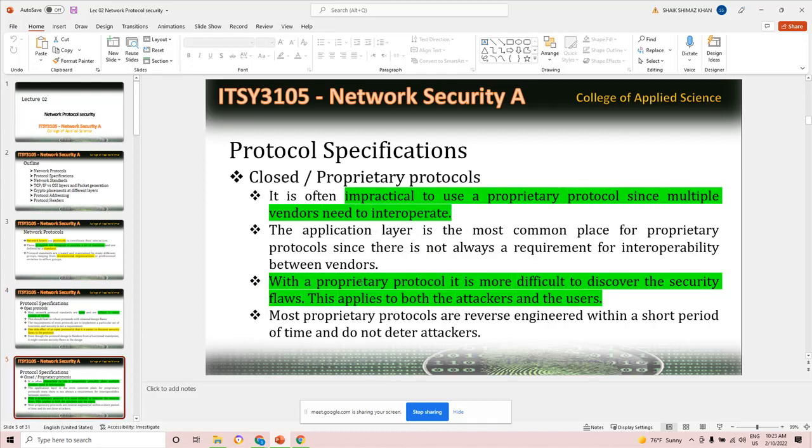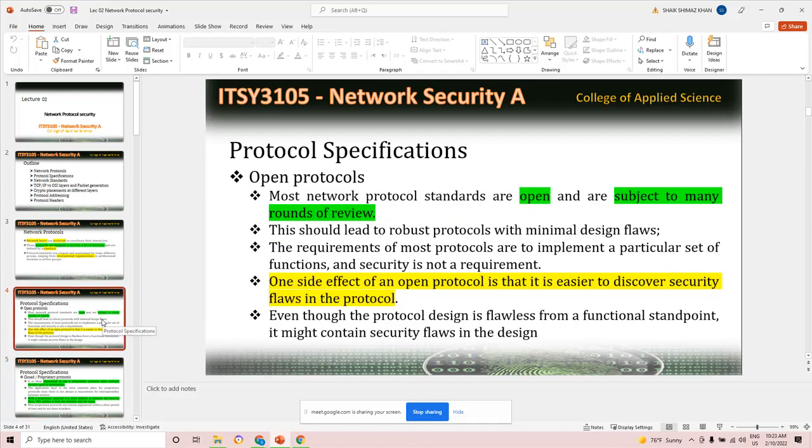But in the case of closed or proprietary protocols, please understand, it is difficult to discover the security flaws. Why? Because the logic is not revealed outside. It belongs to the company, the algorithm. You get the point? So maybe this gives some amount of difficulty to the attackers.